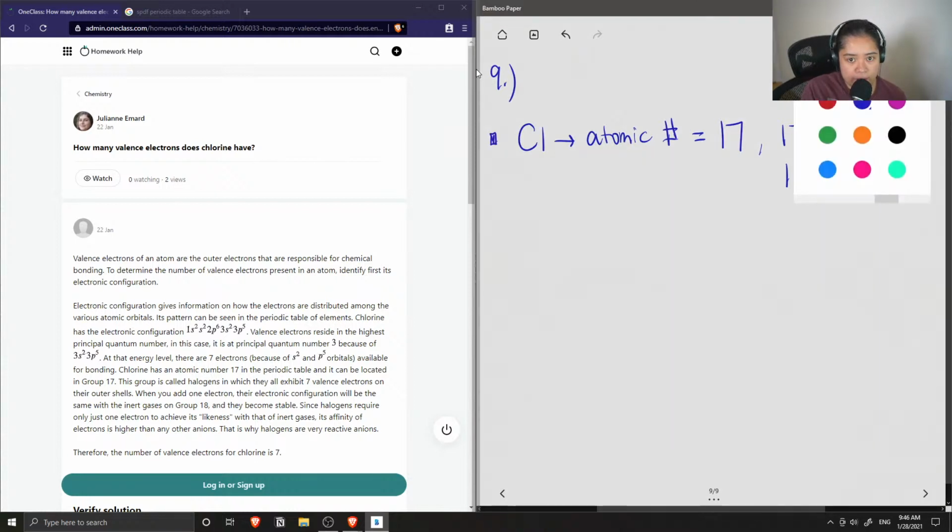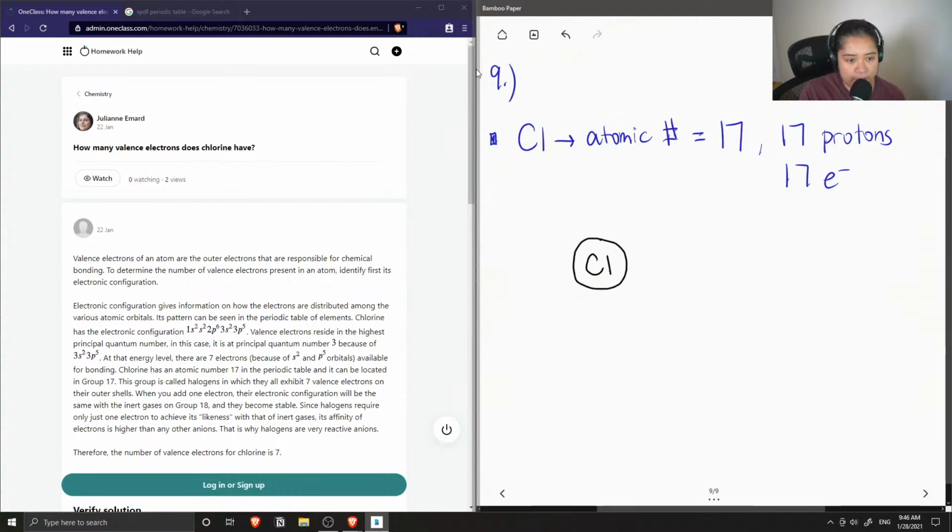So if we were to draw out the atom of chlorine and show all of the electrons, the inner shell would contain 2, and then the next shell can hold 8.